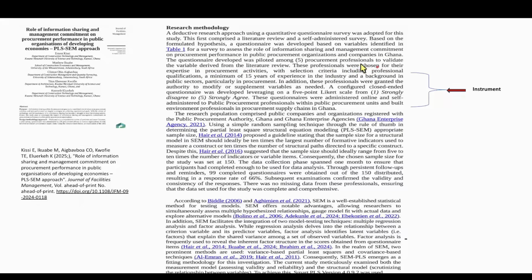These professionals were chosen for their expertise in the procurement activities, with the selection criteria including professional qualifications, a minimum of 15 years of experience in the industry, and a background in public sectors, particularly procurement. In addition, can we see how the researcher is indicating how they are collecting the data? A structured close-ended questionnaire was developed, leveraging a 5-point Likert scale, from strongly disagree to strongly agree.